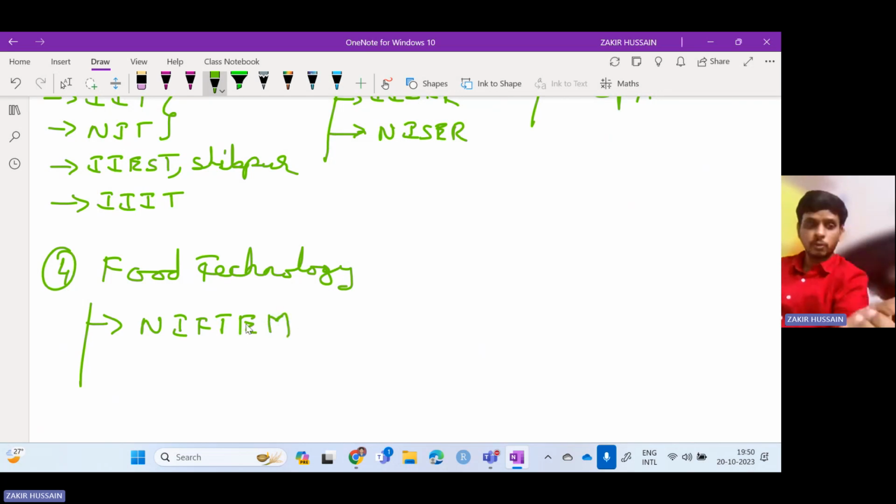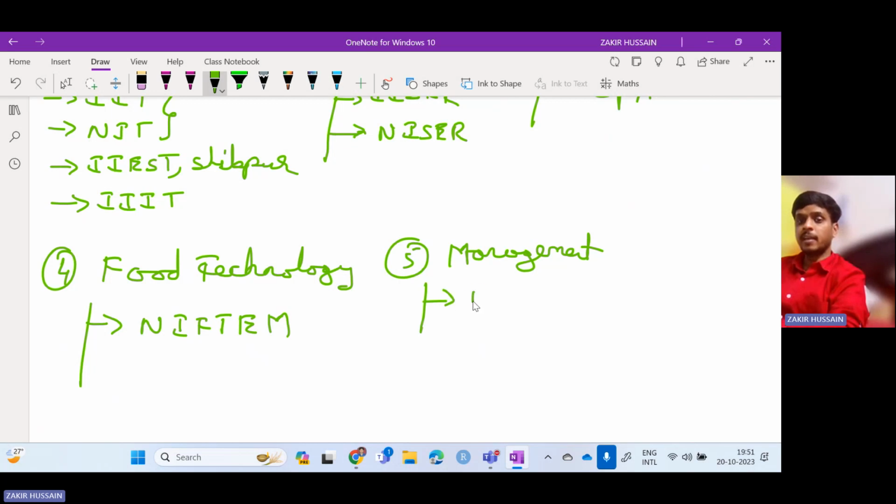Then the fifth category is management, where we have the most popular institutes, the IIMs, located in various parts of the country, the Indian Institutes of Management.